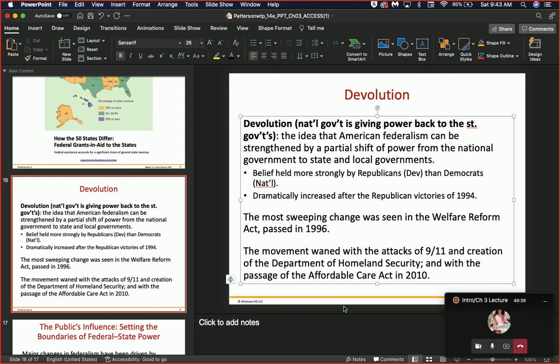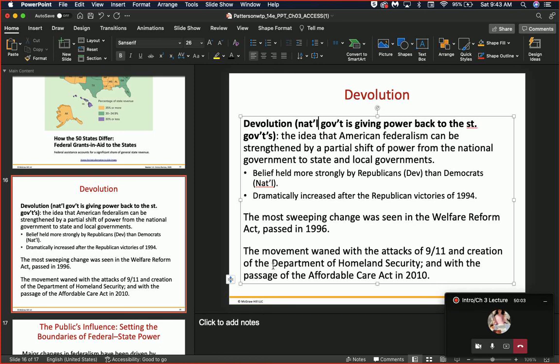And that was passed under George W. Bush, who was a Republican. Okay, so that should give you an idea of how influential that event was on our government and how they operate. Okay? And then we also saw the Department of Homeland Security, you remember that those are the ones who usually protect the national borders.